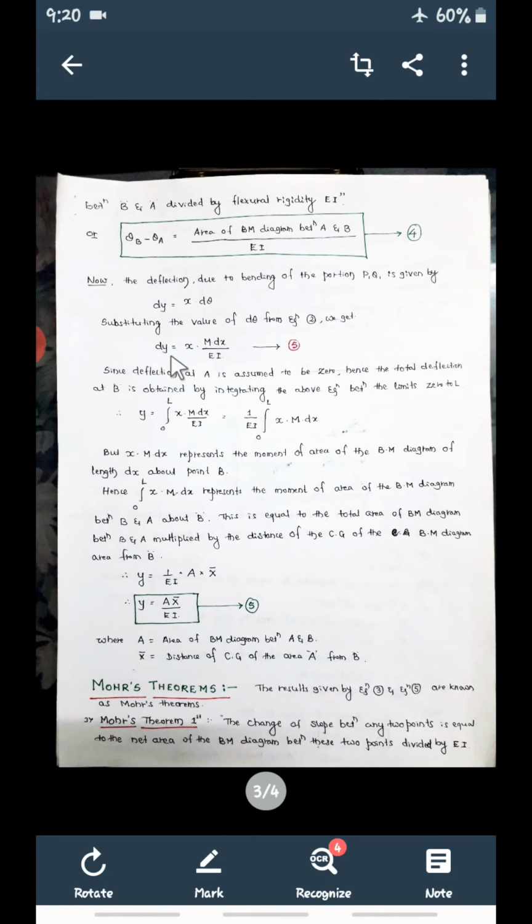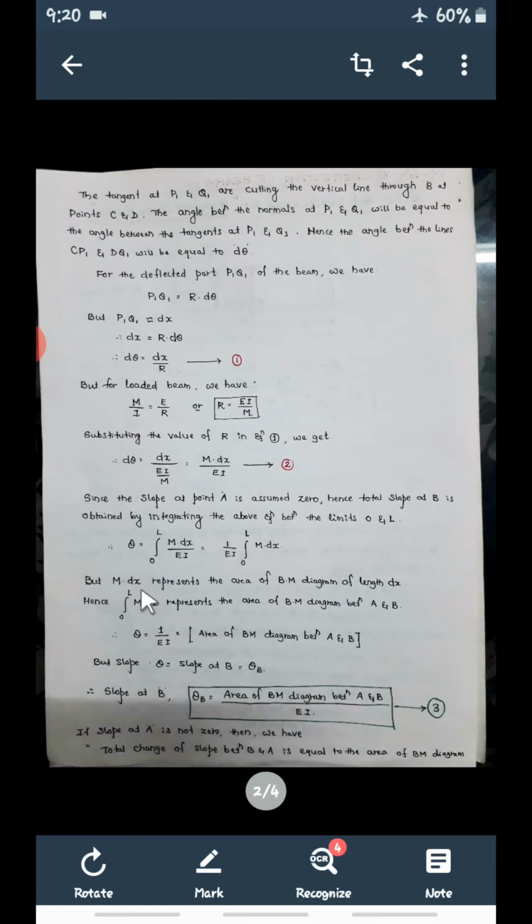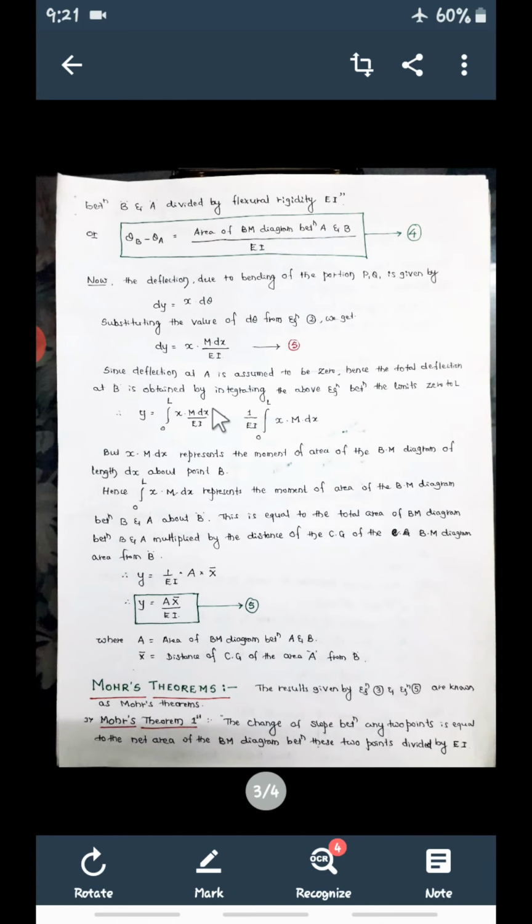x into d theta. So dy is equal to x into d theta. Now substitute the value of d theta. Already we have found this d theta from equation number 2. What is the d theta value? M by EI into dx. So substitute the value of d theta here.